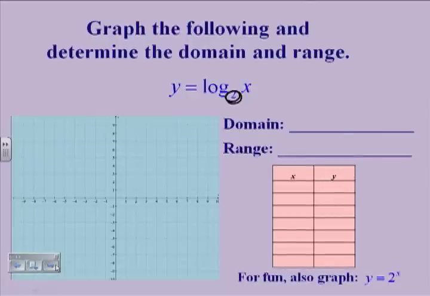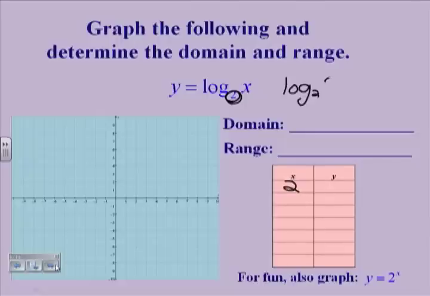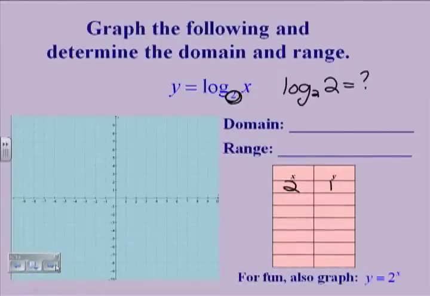So let's see here. What if I let x be 2? Then the question is, log base 2 of 2 is going to equal what? So 2 to what power gives you 2? Well, that's 1.